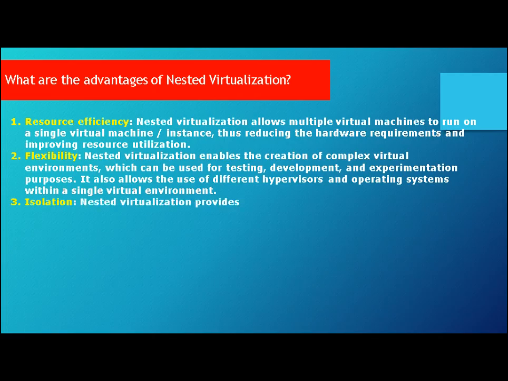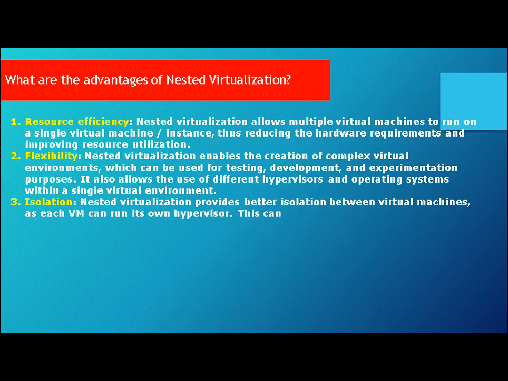Third is isolation. Nested virtualization provides better isolation between virtual machines, as each VM can run its own hypervisor. This can improve security and prevent potential conflicts between different VMs. What does that mean? Suppose I have 5 different sites at 5 different locations. What will I require if I want to create virtual machines for 25 users per site?